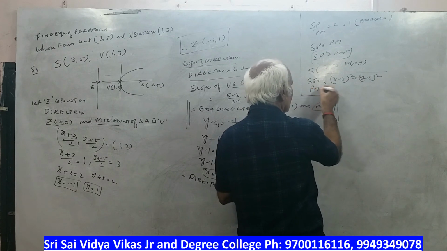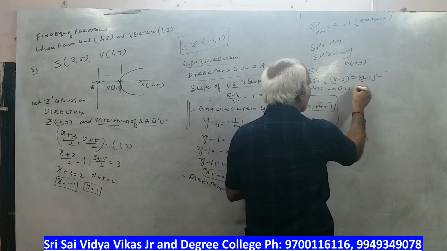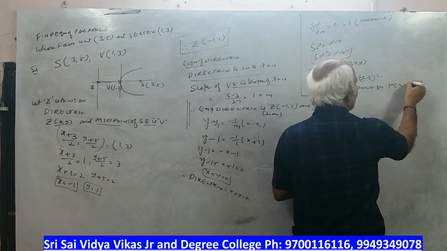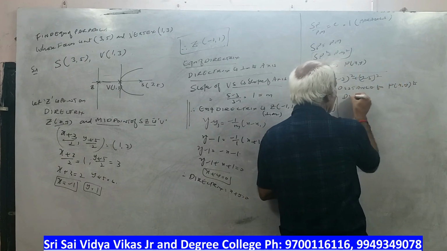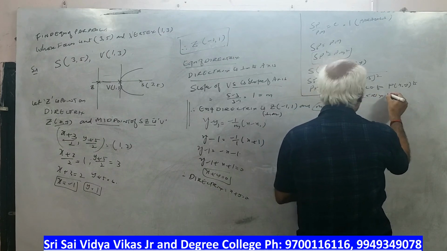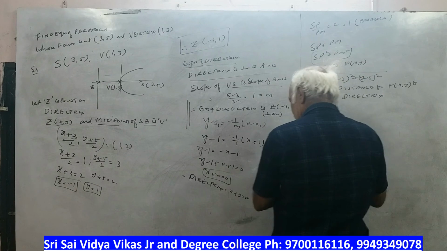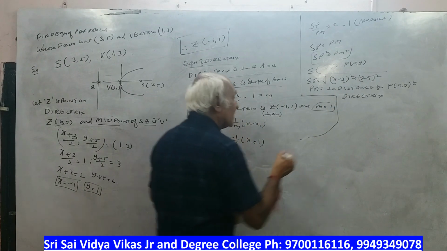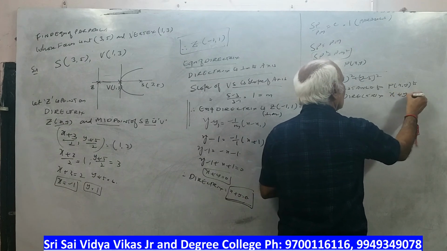What is PM? The perpendicular distance from P (x, y) to the directrix. What is the directrix? I am putting it in a box: x plus y is equal to 0.